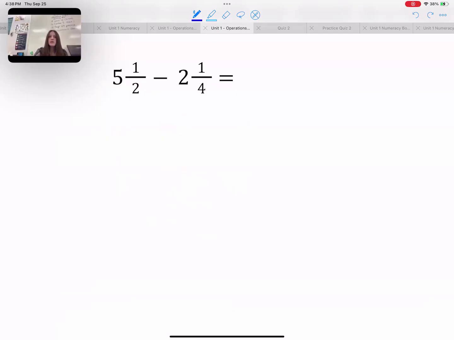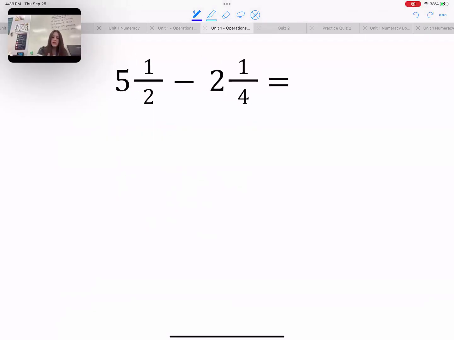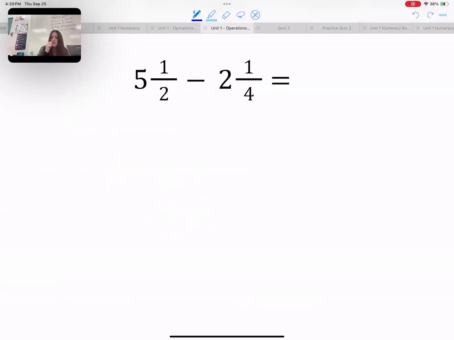So you can do it that way, or you can do it the opposite way, where you put them into an improper fraction and then you put it over the common denominator. Either way works. They're both correct. So today I'm going to be putting them over the common denominator before I put them as an improper fraction. So let's do that.